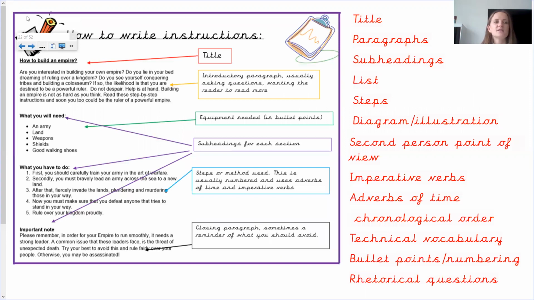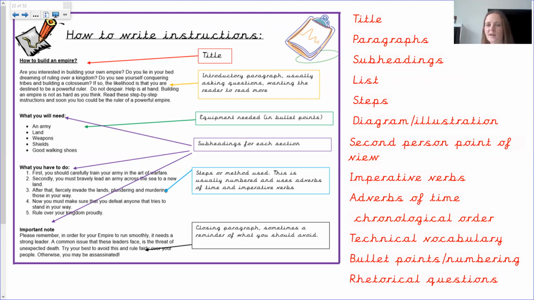Right, this is just a reminder of your toolkits of what you are going to be needing in your writing. I've got a labeled example of our key text. It needs a title. We've got an introductory paragraph, the equipment needed in bullet points, subheadings, the steps or the method used, and it's usually numbered and uses adverbs of time and imperative verbs and other adverbs that explain things.